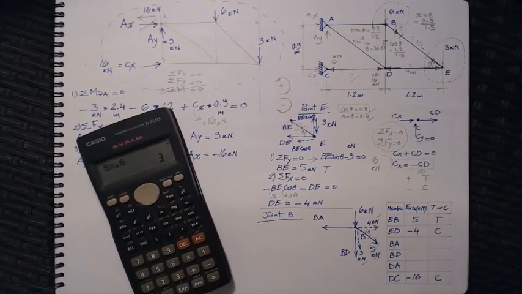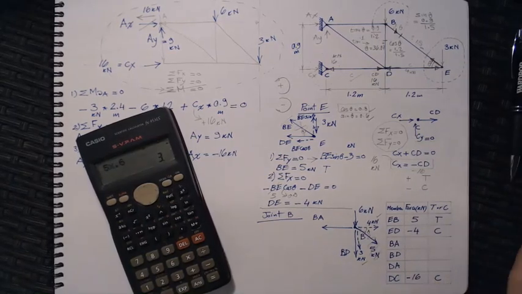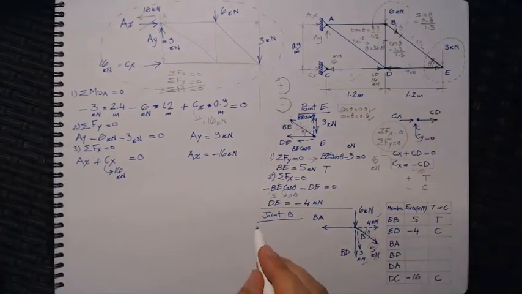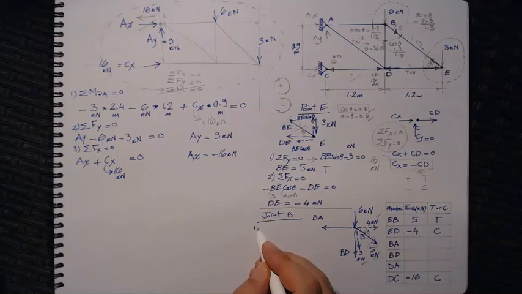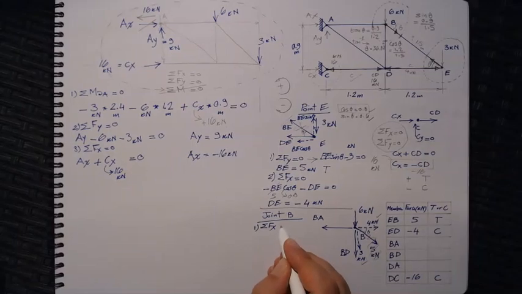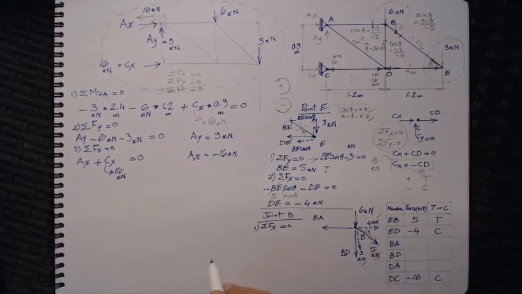So if you want to look at the summation of forces in the x direction, let's consider this equation 1. Summation of forces in the x direction has to equal 0.